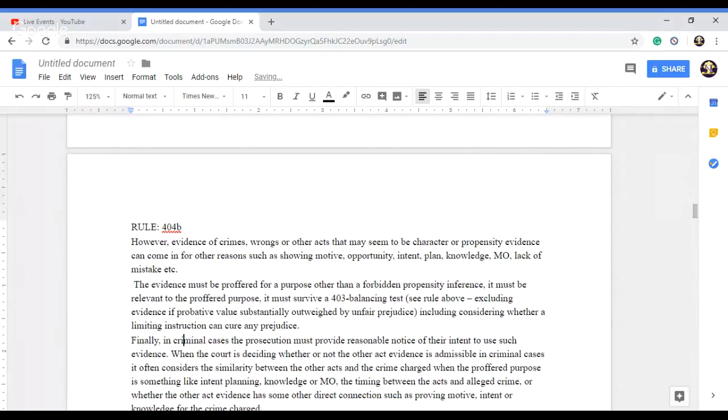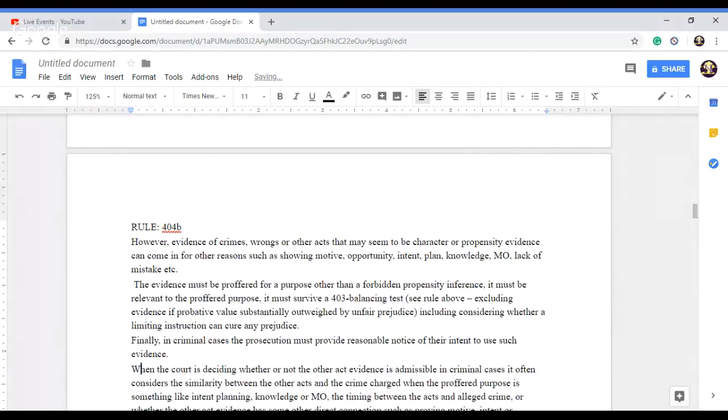Then it says, finally, in criminal cases, you've got to provide reasonable notice. Again, this is back to 404. And when deciding whether or not the evidence is admissible in criminal cases, consider similarity between crimes.